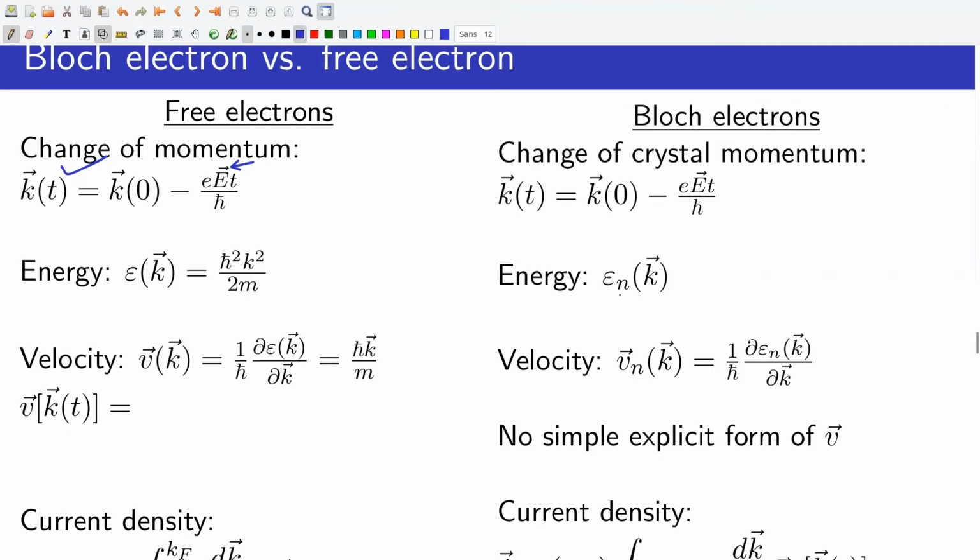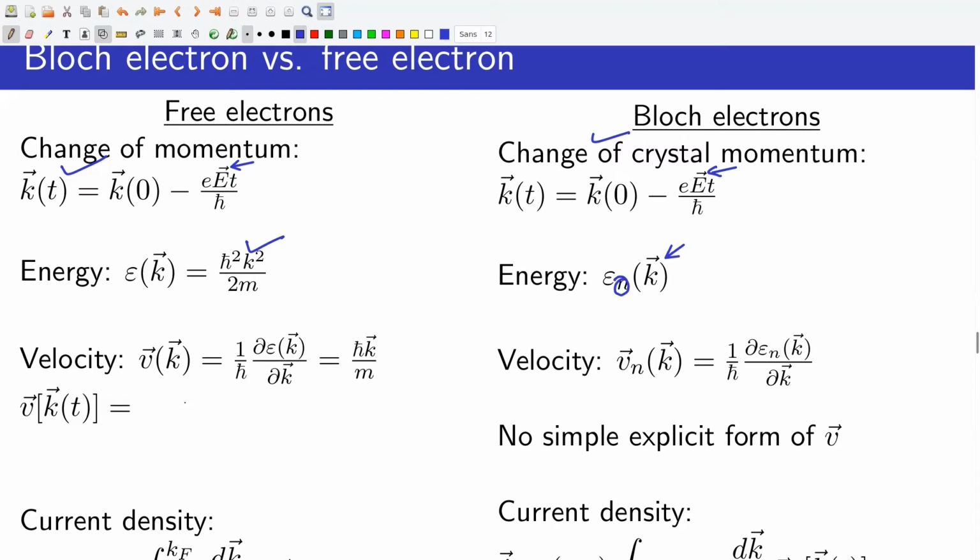And this is how the crystal momentum changes in case of a Bloch electron when an external electric field is applied. Energy of free electron depends quadratically on wave vector k. For Bloch electrons, there is no simple explicit form. Energy depends on k as well as the band index n.